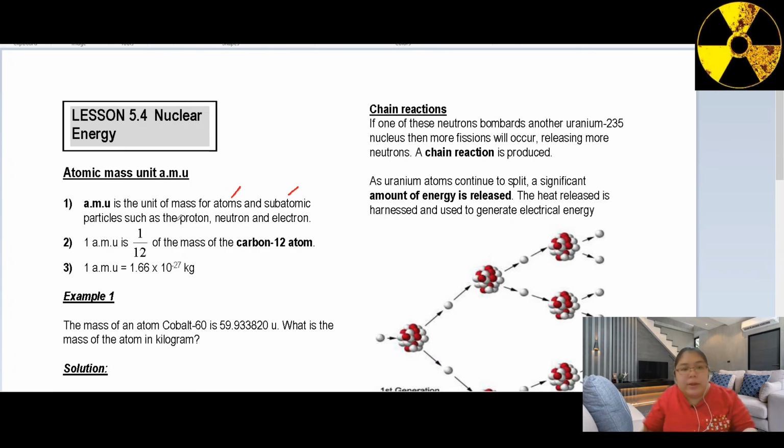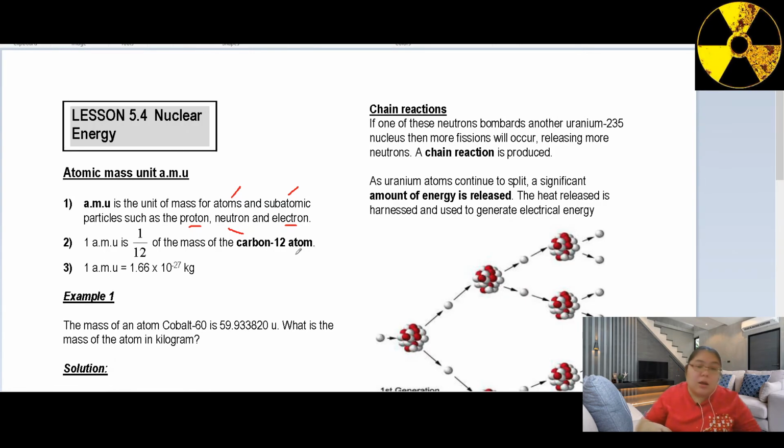So from here, let's see the first one. They have proton, neutron and also electron. For all these subatomic particles, the AMU is 1/12 the mass of carbon. That means it is very small.